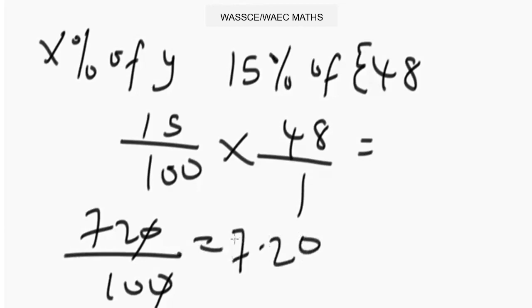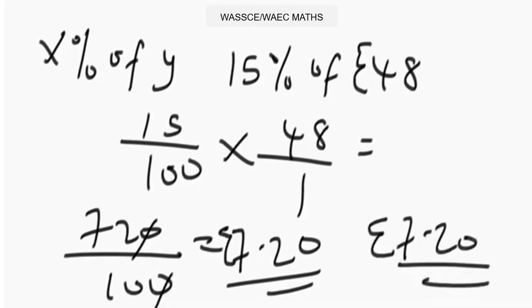Let's add the unit, pounds. So 15% of 48 pounds will give an output of 7.2 pounds. When you simplify the mathematics, this is what we have, 7.20 pounds. So that's for x% of y.